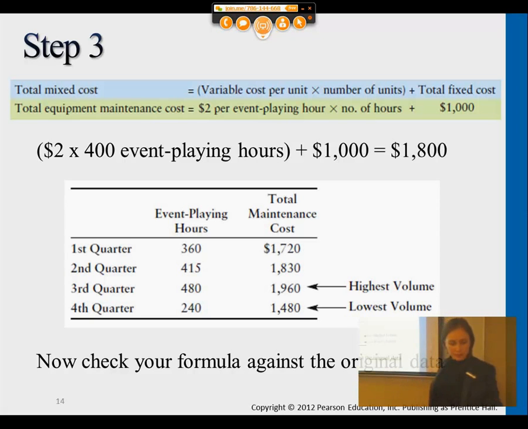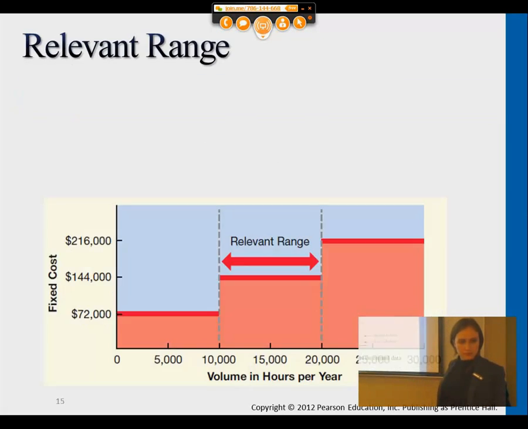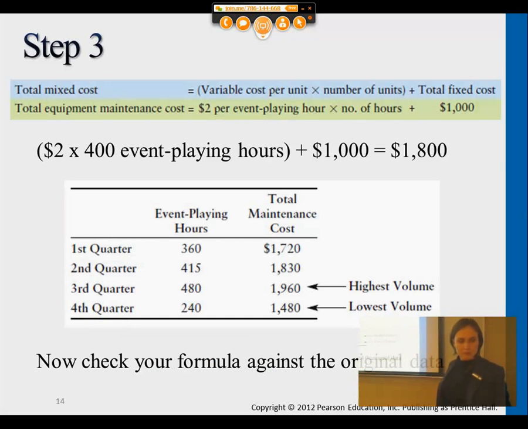So let's see if it makes sense with the original data. Would a cost of $1,800 make sense, or would it not make sense? What do you think?